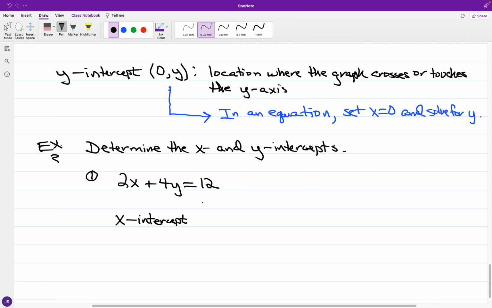Again, for the x-intercept, the general coordinates are going to be (x, 0). And in the case of the y-intercept, the general coordinates are (0, y).